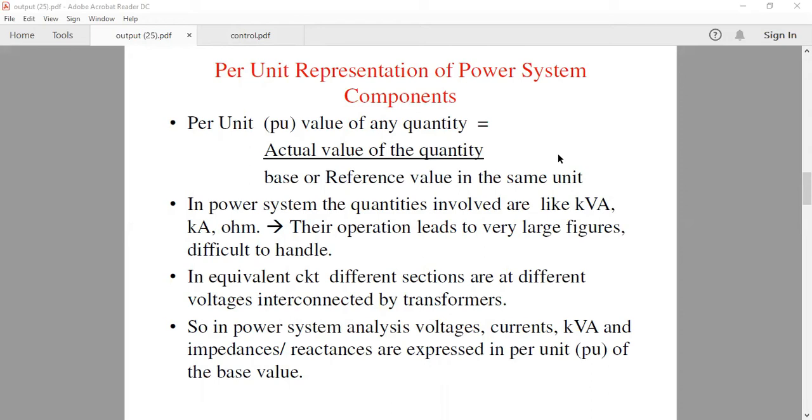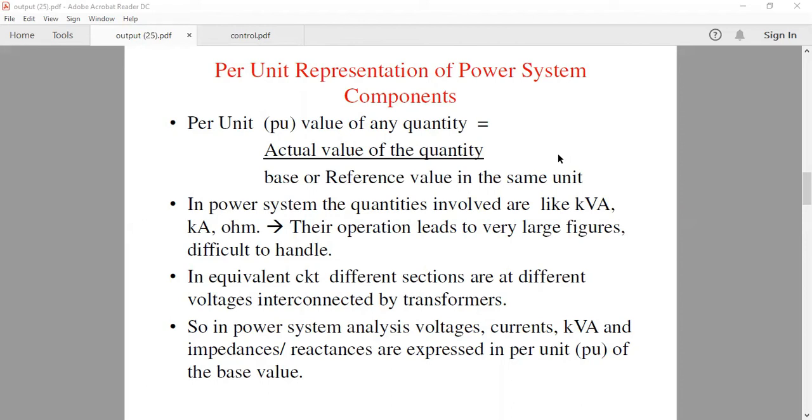In the power system, the quantities involved like kVA, kA, ohms, their operation leads to very large figures and it is very difficult to handle. Means if we take into the consideration a very large power system, many elements or components are involved in that system, and to put it onto paper for analysis purposes, it is very complicated to deal with the different elements which are having different sorts of units for their operations.